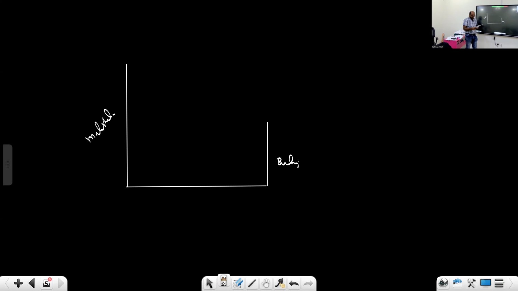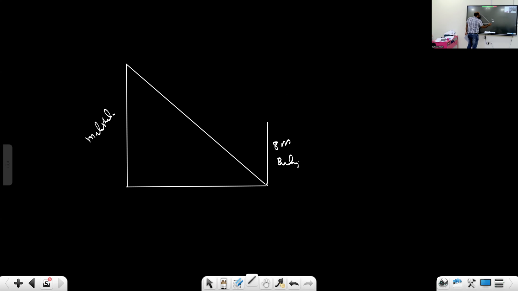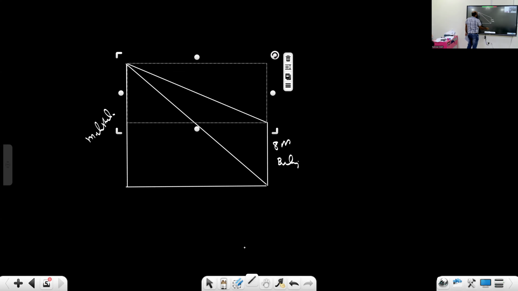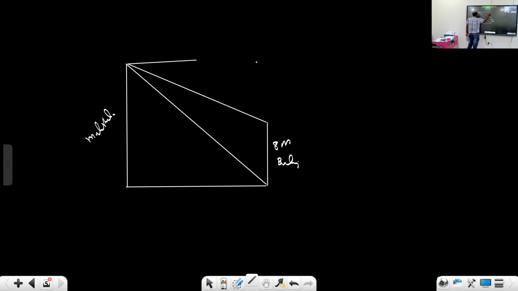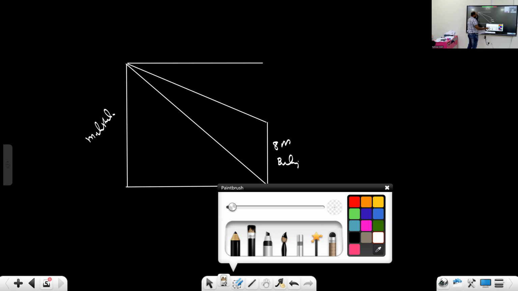The angles of depression of the top and bottom of an 8 meter tall building. This height is given, 8 meter. From the top, the bottom and the top, so we should draw what? Horizontal line. How much is given for top angle of depression? 30.